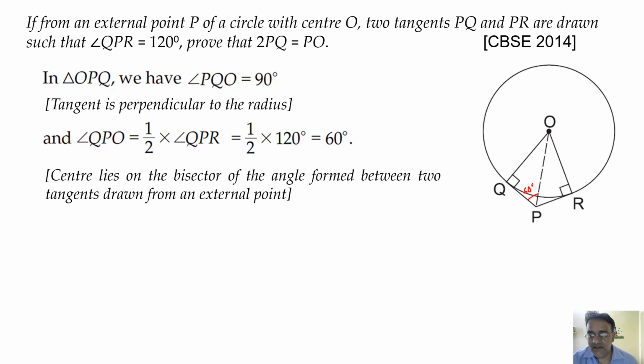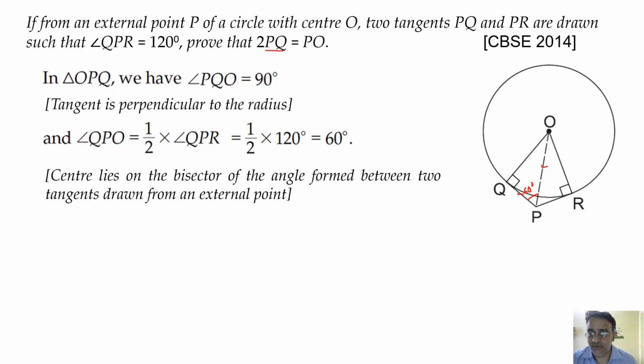Okay? With respect to this angle, PQ is which side? Opposite, adjacent, hypotenuse? PQ. Adjacent. Very good. And OP? Hypotenuse. So which trigonometric ratio is there with respect to adjacent and hypotenuse?